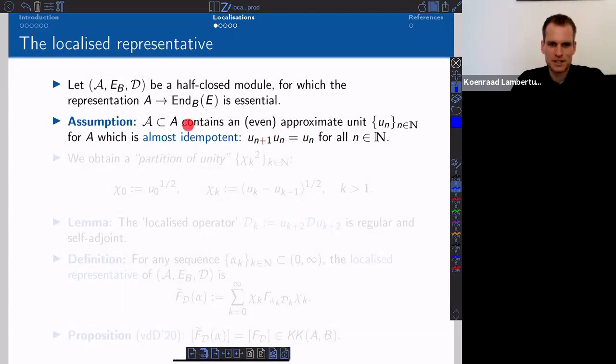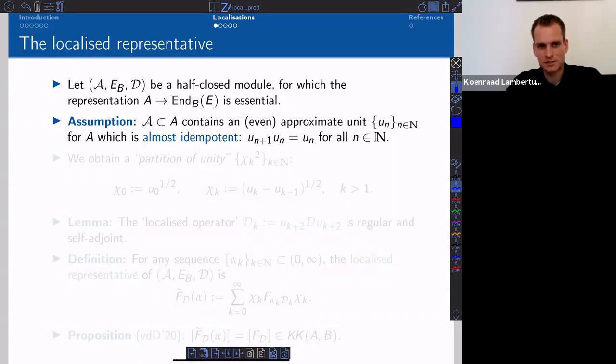If you think of A as functions on a manifold, for instance, then you can get such an approximate unit by considering an exhaustion of your manifold by compact subsets. Each function u_n is constant equal to 1 on some compact subset and vanishes outside of a bigger compact subset. From such functions, you can construct an almost idempotent approximate unit.